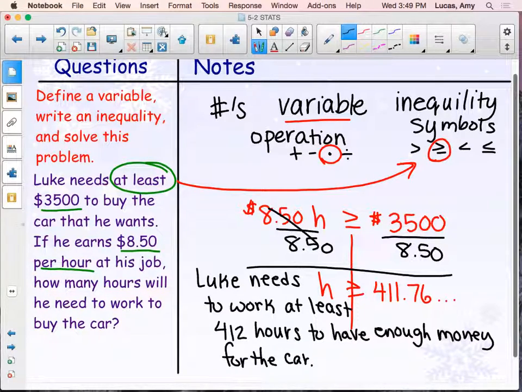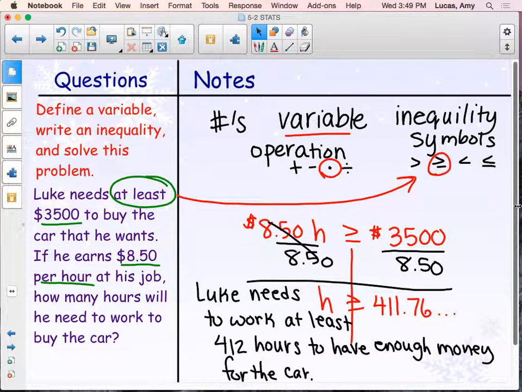It's a little bit of common sense in a situation like this, that if he's earning $8.50 per hour, he has an hourly wage, he's probably not going to be paid for like 0.76 hours, so you would need to round it up to have enough money. Sometimes you have to round down, sometimes you have to round up. It just depends on the situation.